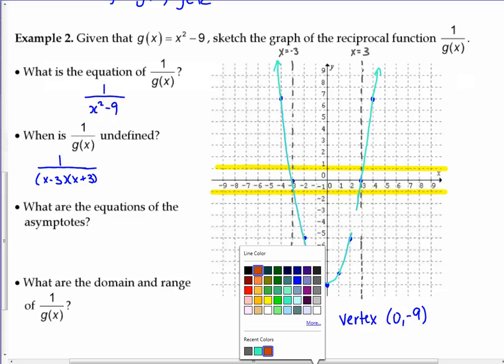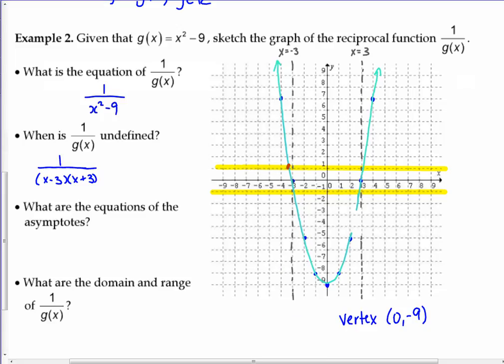Okay, so let's plot our invariant points. I'm going to use this ugly color. Okay, I'm plotting the invariant points. What are the invariant points when y is 1 and negative 1? So I highlighted where y was 1 and negative 1. And where the original graph crossed 1 and negative 1, I made those points.